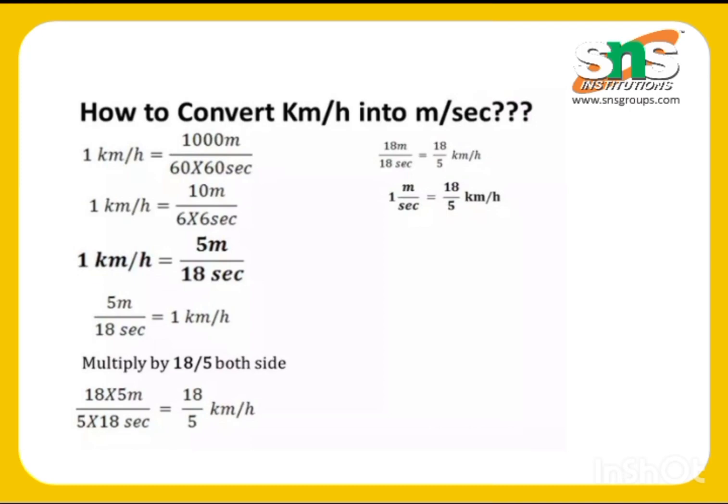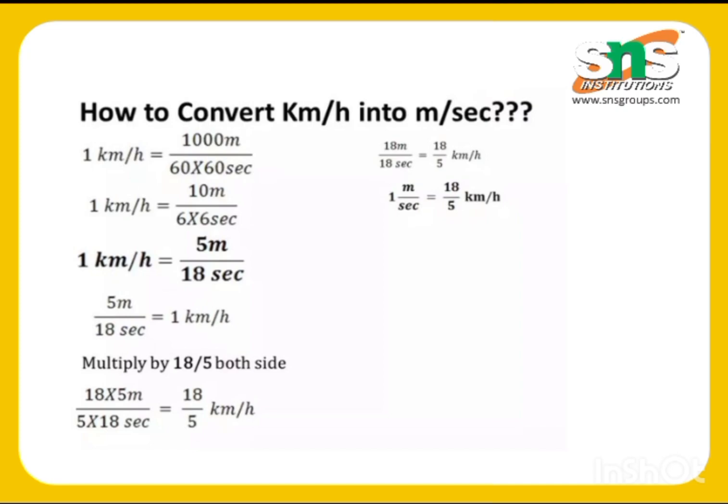Your units will be given in different forms, so you are supposed to convert them accordingly and approach the problem. When you have kilometer per hour and want to convert to meter per second, you simply multiply the given value by 5 by 18.